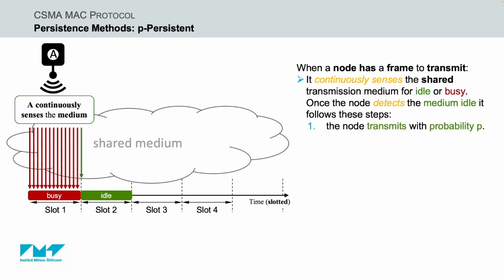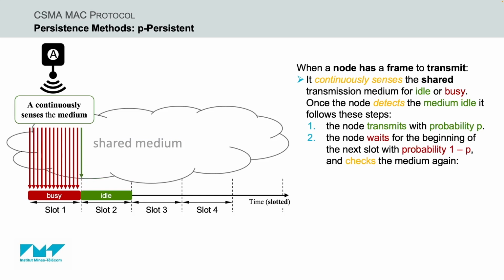With probability p, the node transmits its frame. Let's assume that in this case the probability outcome was p, thus the node A transmits its frame. While with probability 1 minus p, the node waits for the beginning of the next time slot and checks the shared transmission medium again. Let's assume that in this case the probability outcome was 1 minus p, thus the node A does not transmit its frame and it waits until the beginning of the next available time slot, which is slot 3 in this example.